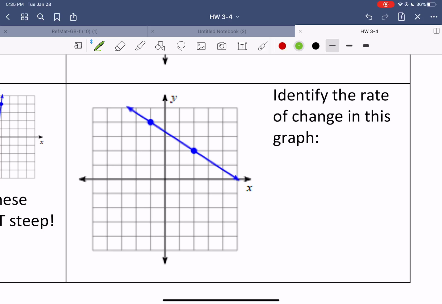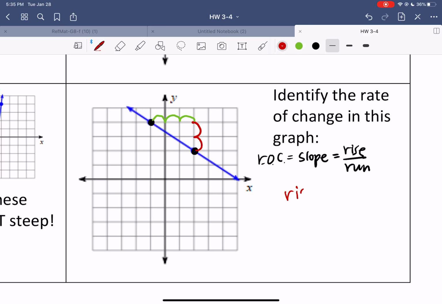So this one says identify the rate of change in this graph. So again, rate of change equals slope, which equals rise over run. So again, we have our pretty points already identified for us. So then all we need to do is rise over run. 1, 2, 3.